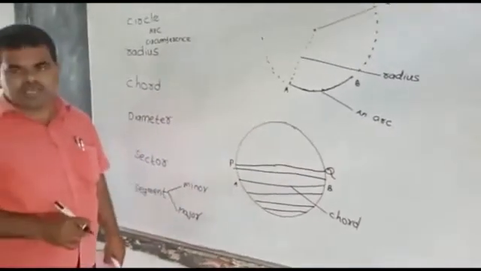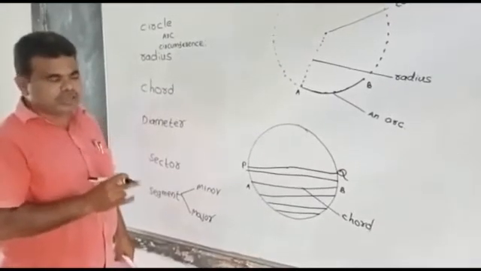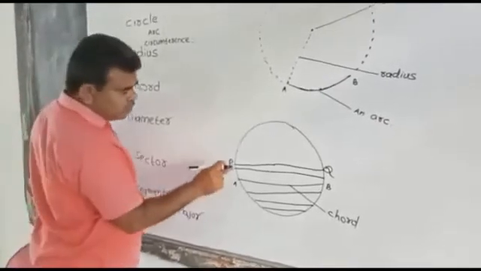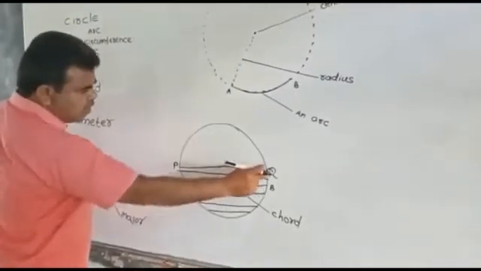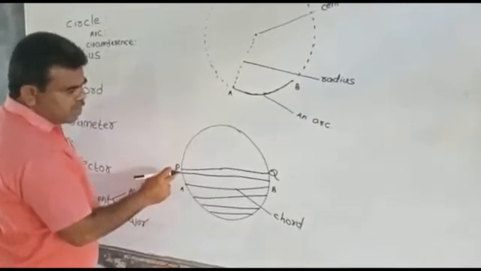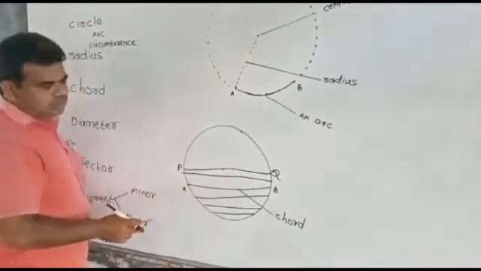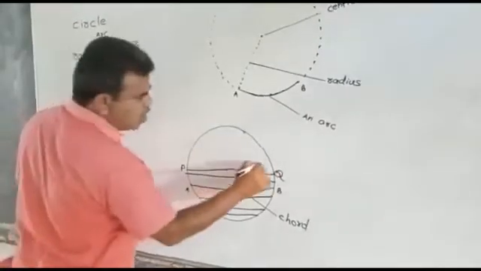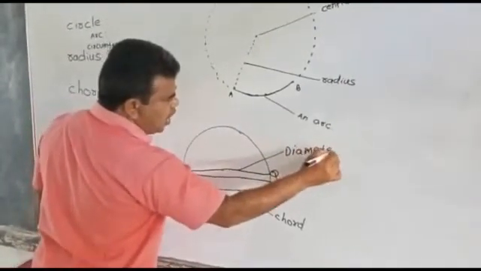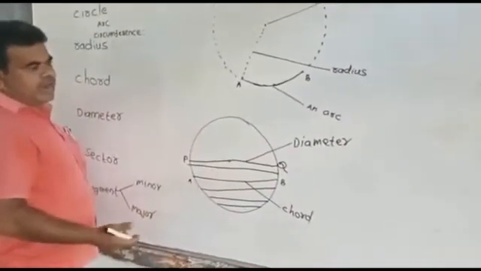That means the diameter is also one of the chords, but the one passing through the center is the diameter of a circle. This is the longest chord. Diameter is the longest chord of the circle, and it is double the radius.